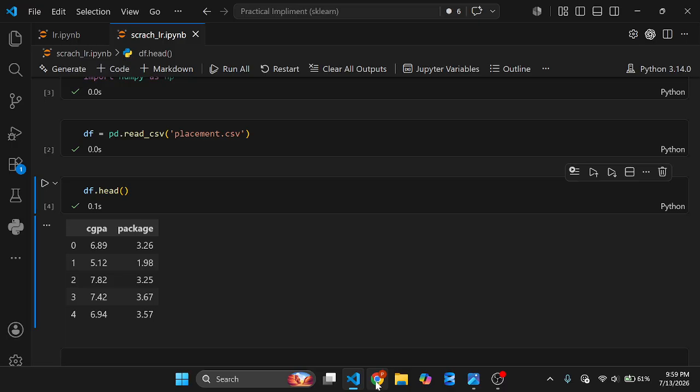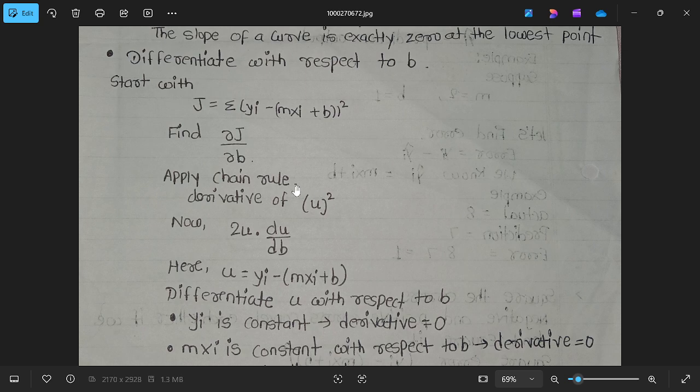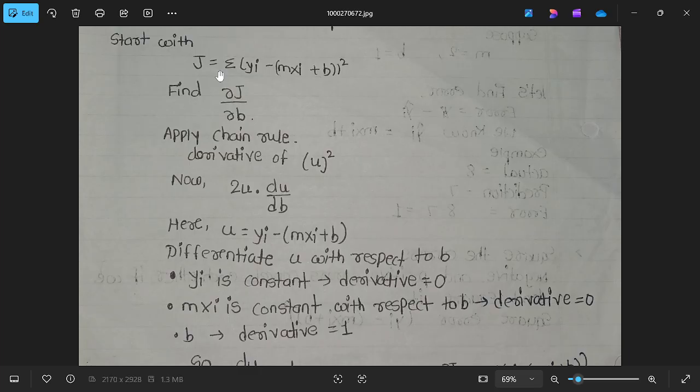So let's first differentiate with respect to b. Let's take our loss function as it is. As we take this function, we can see here there are two functions. This is the inner function and this is the square, the outer function.